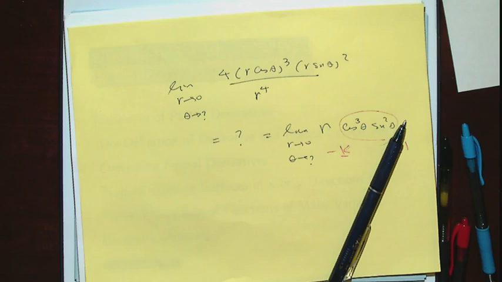This is 4 r^4 cosine^3 theta sine theta. You good? Everybody's good? Would it be 0 since it's multiplied on the top? No, r^4 and r^4 simplify, right? So what is left is cosine to the power 3 theta, sine of theta. And that doesn't have a limit.